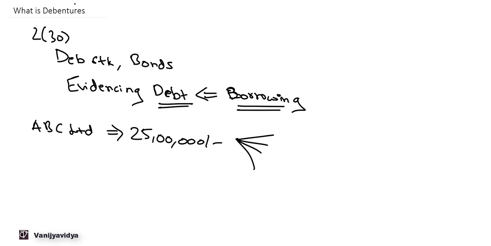Now for this 25 lakhs, let us say 100 is the face value of the debentures, so it issues 25,000 debentures at 100 each. These can be purchased by the general public, and say these debentures are giving a fixed rate of interest of 8%.